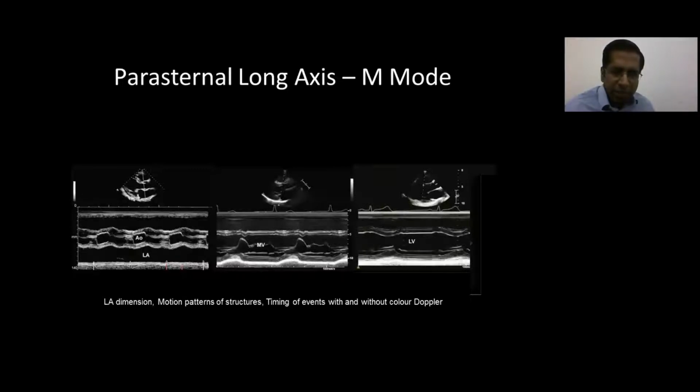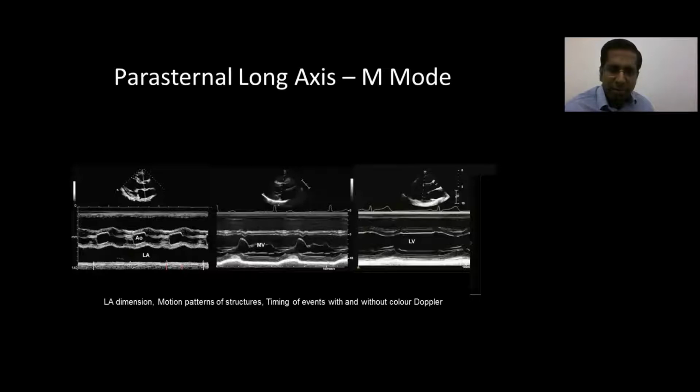What you can see in the middle image is motion patterns of different structures. So the mitral valve motion has been demonstrated here. Because of its higher temporal resolution, you can use M-mode to study these particular structures. The other thing shown on the right panel is that it's very useful for timing events.